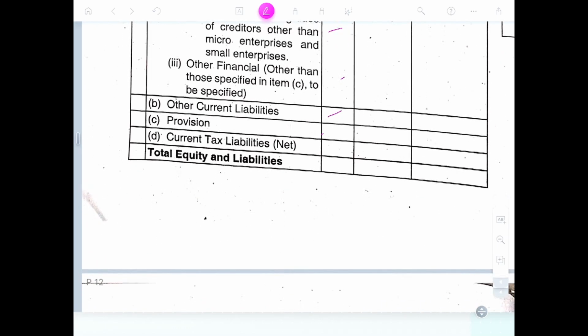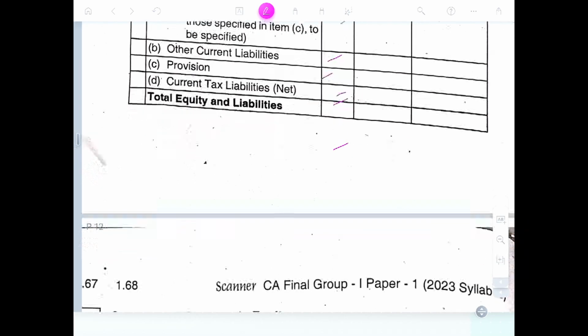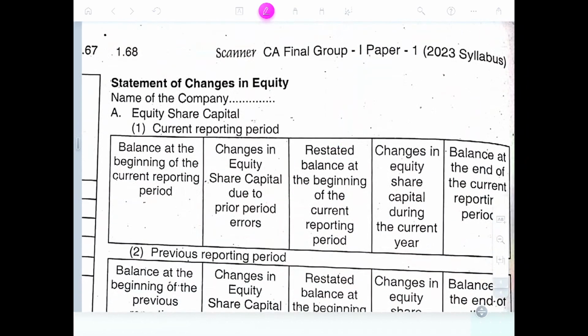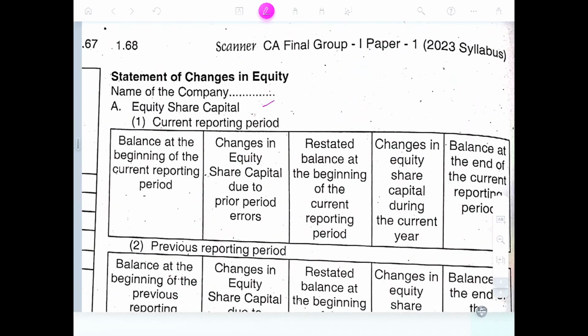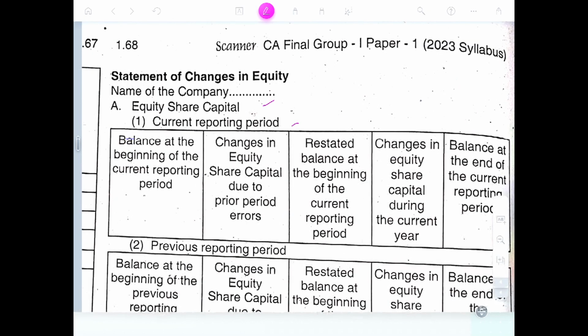Other current liabilities, provisions, current tax liabilities. Statement of changes in equity: equity share capital, current reporting period.